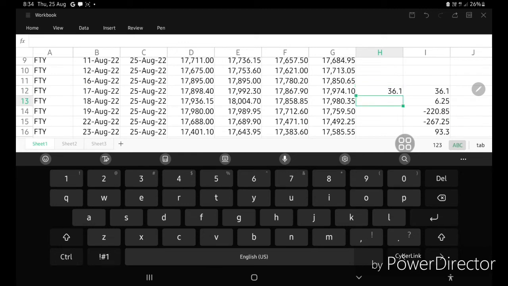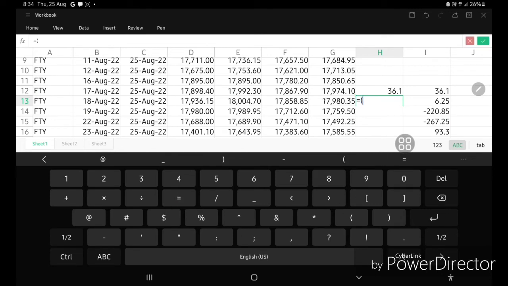The same way I can show you about the other days also. Equals to, open the brackets, closing of 18th, means today's closing minus previous day's closing. Because what happens now, there is mark to market, which means what?